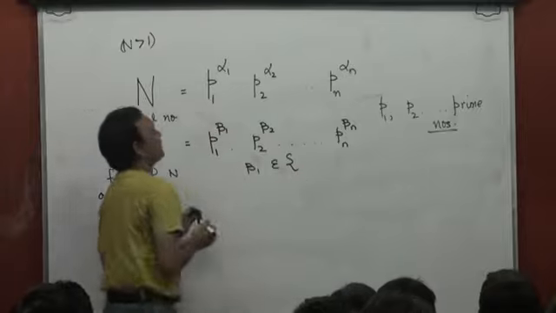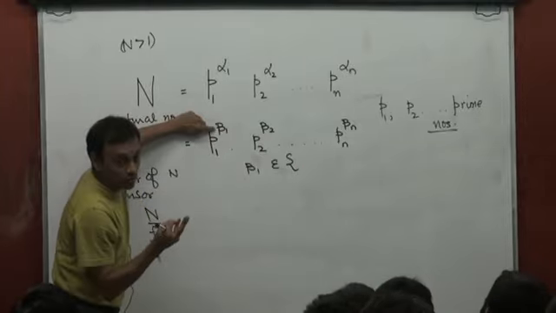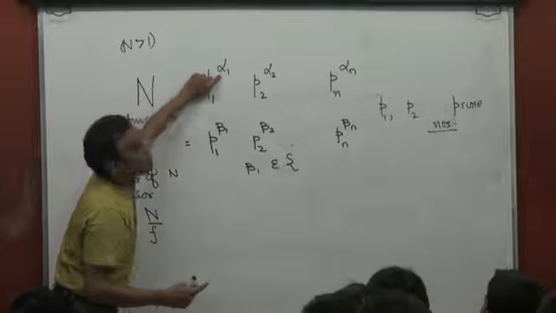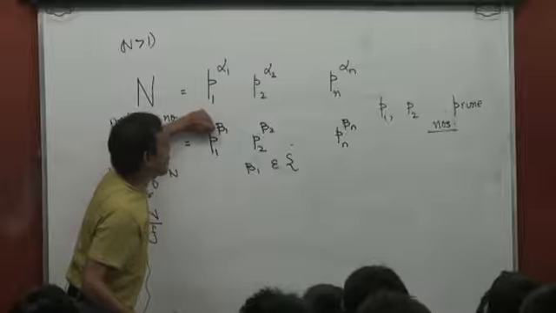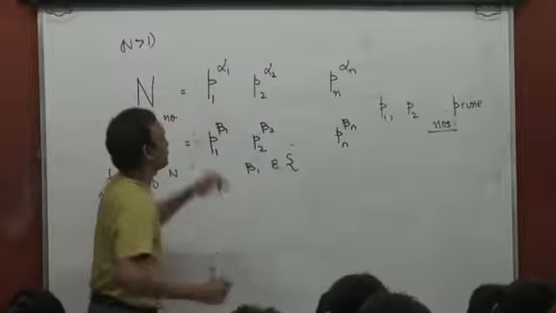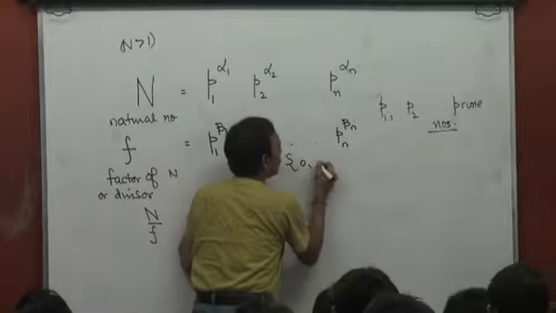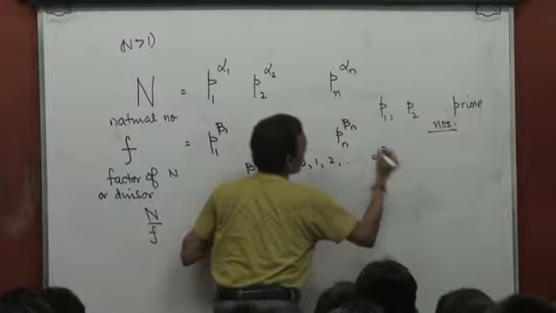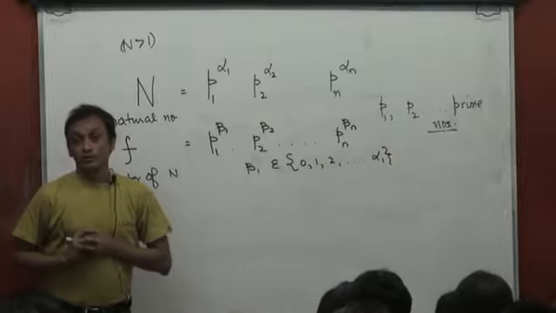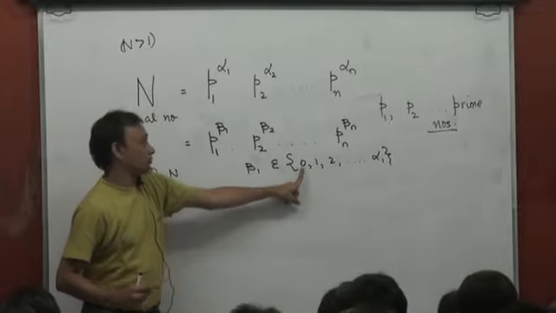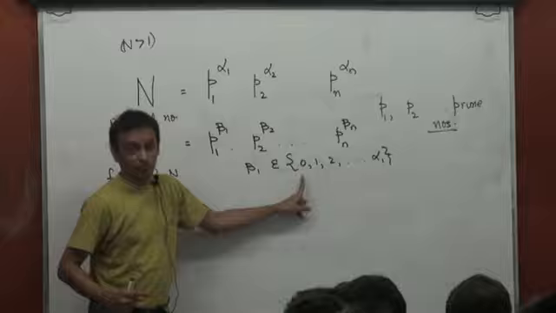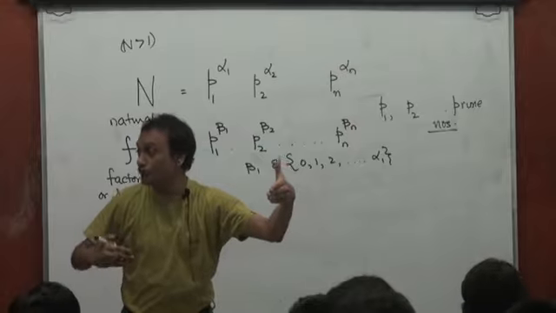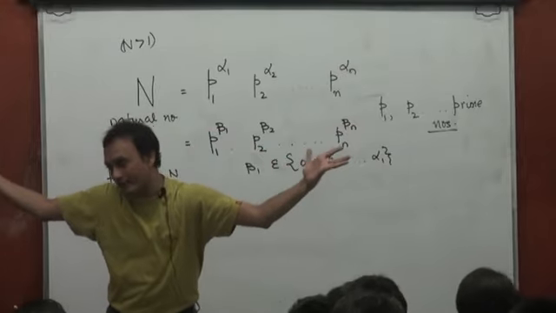That means beta 1 can assume values like... What are the values that beta 1 can assume? It could be 0, alright, 1, 2, 3 up to alpha 1. These are the values that beta 1 can legitimately assume: 0, 1, 2, up to alpha 1. That means each time you select one of the values of beta 1 from this set, you are actually initiating a process of finding one of the factors of n.